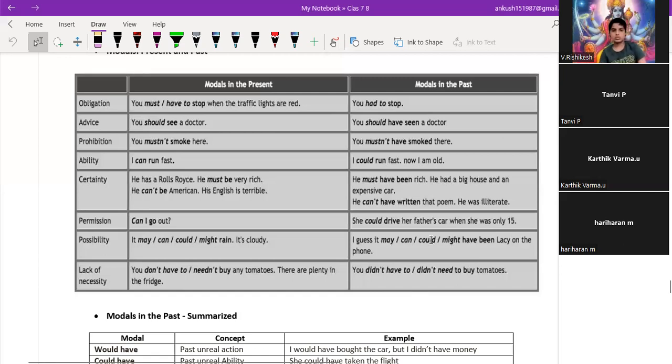Hariharan and Karthik both are not responding in the class. Who will then complete this chart?